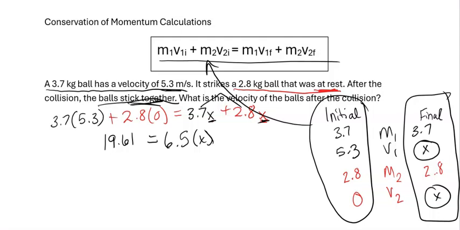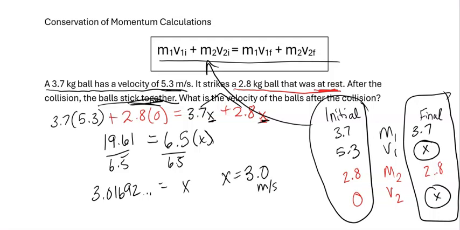Now to solve this, all I need to do is divide both sides by 6.5. So 19.61 divided by 6.5 gives x equal to 3.01692. Looking at significant figures, I get 2 significant figures, so I would have a velocity of 3.0 meters per second.